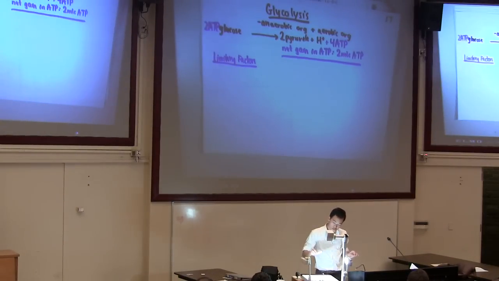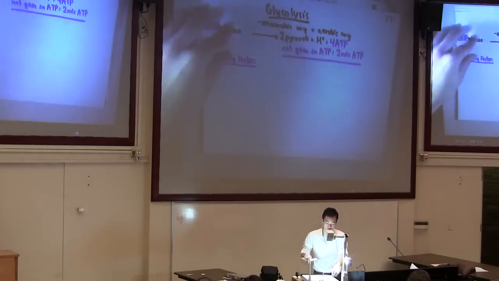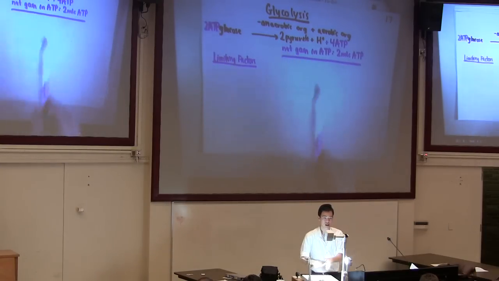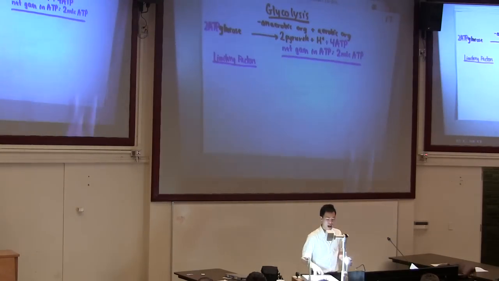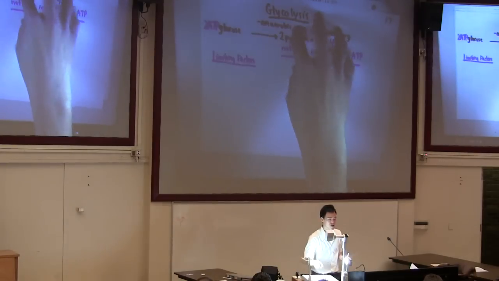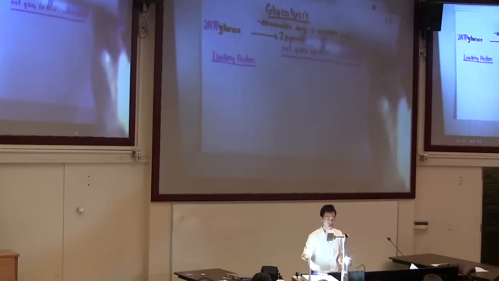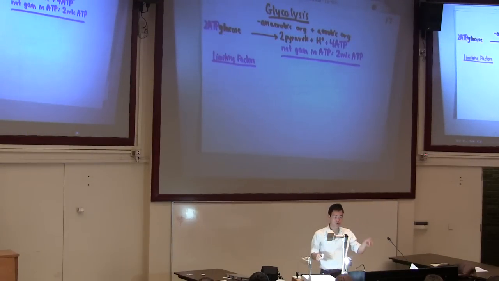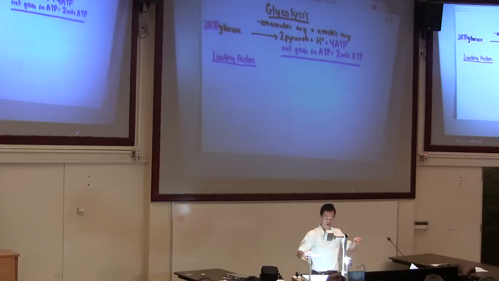Okay. So if you add more glucose, it moves that way. Over time, you're going to have a lot of pyruvate and a lot of hydrogen ions, right? So if you have too much product, the reaction moves what direction? Backwards, right? You don't want that to happen. Again, if you have too much pyruvate and too much hydrogen ions, the reaction will move backwards.